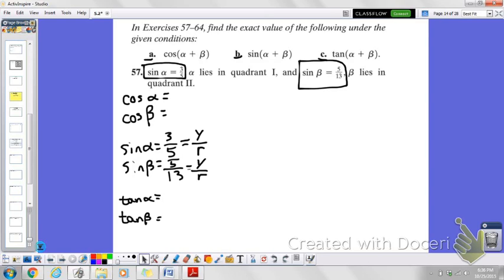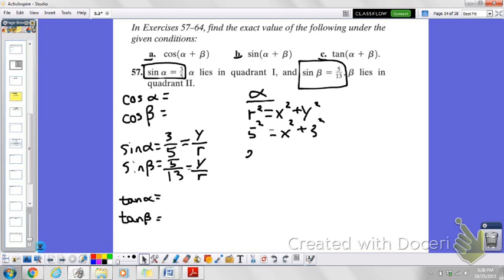So let's find the alpha values first. So we will use the formula r squared is equal to x squared plus y squared. Well, we know what r is, 5, so we have 5 squared equal to, we don't know x, so it'll be x squared, plus 3 squared.